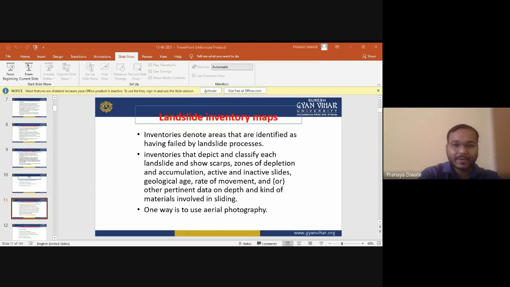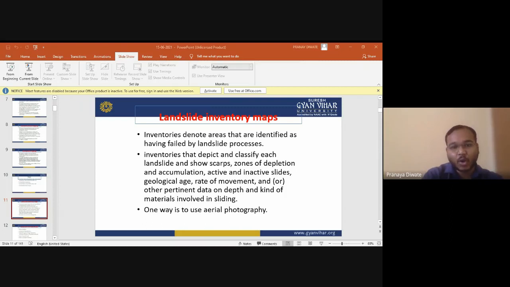So when you have a landslide, you have information of the area, and in that area you need proper information which can be used for further mapping and studying. This is an example of a landslide inventory map.